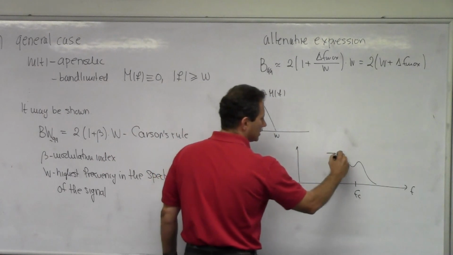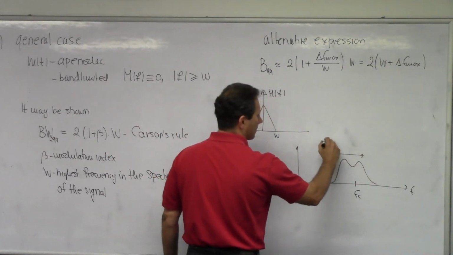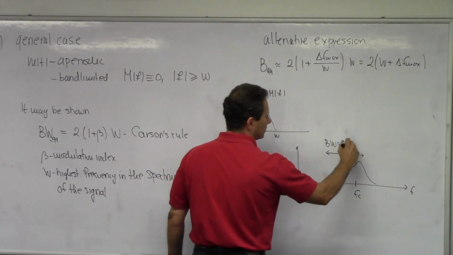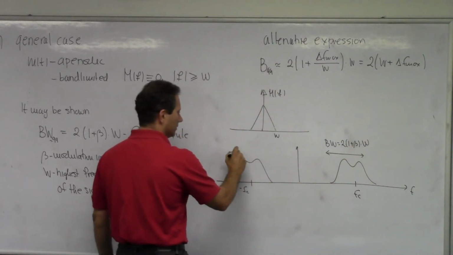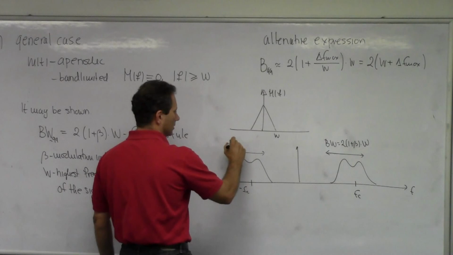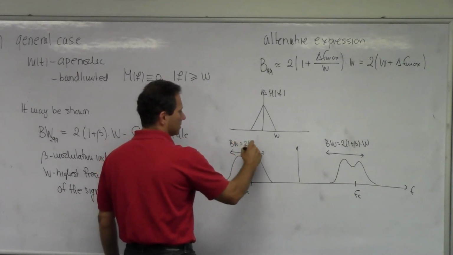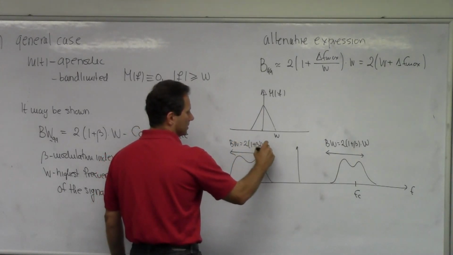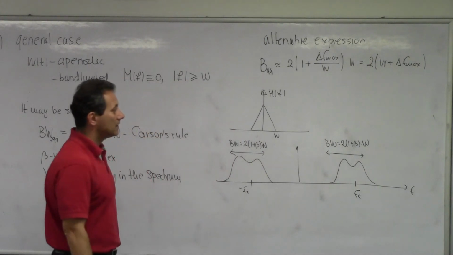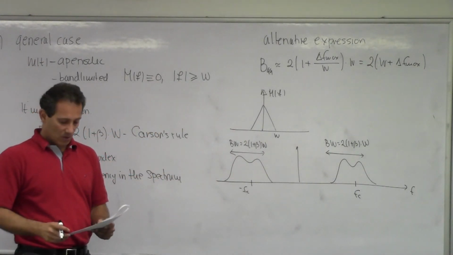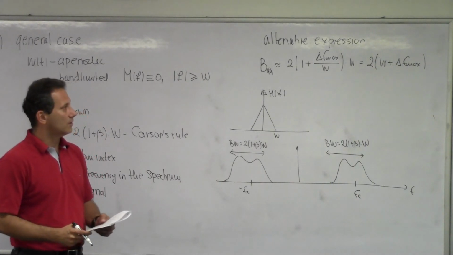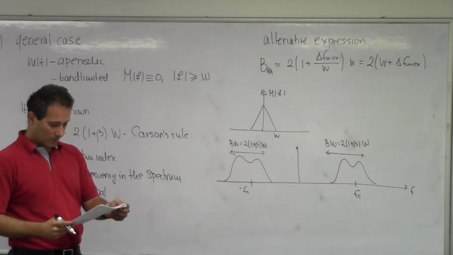But what I know is that the bandwidth here is going to be 2 times 1 plus beta times W, and the bandwidth here also, 2 times 1 plus beta times W. Right? And that's really what we care about. We want to know what is the spectral footprint of this signal after modulation.